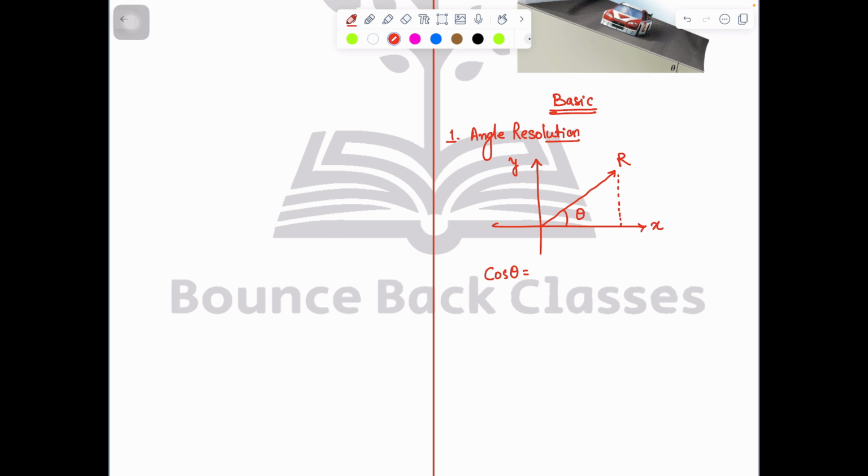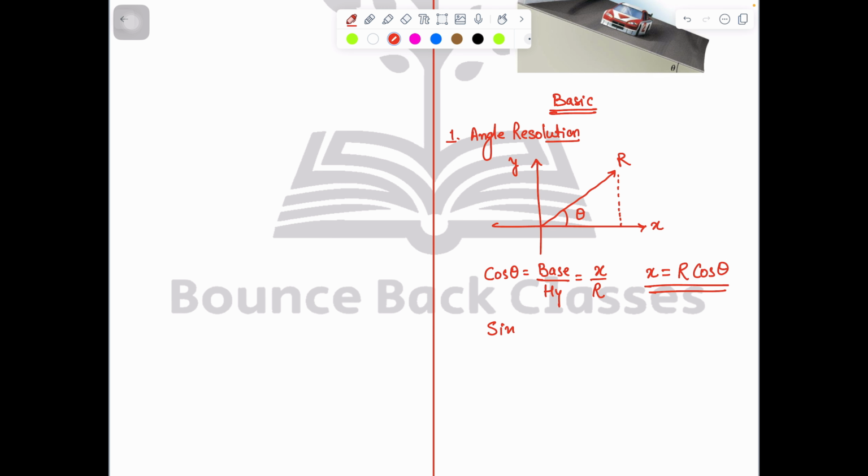Just tell me. Base divided by hypotenuse, yes or no? Or you can say x over r. So what is the value of x? Can I say x is equal to r cos theta?